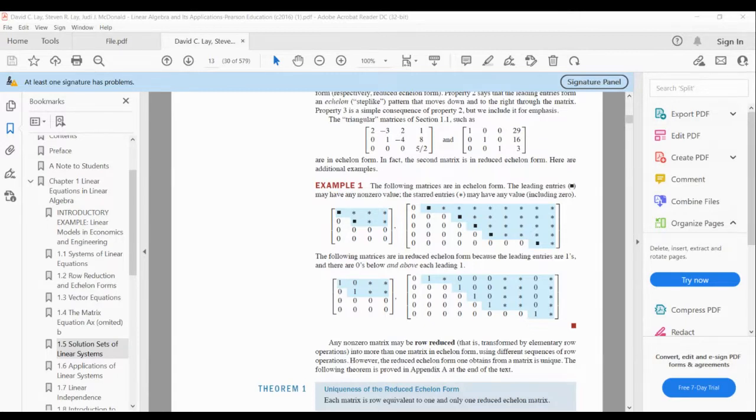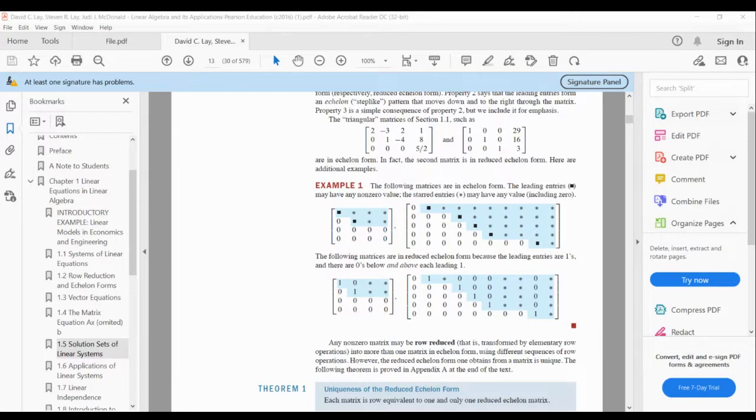Well, you see in example 1, those two matrices, you have a triangle. The way I think of this is you have a triangle of zeros below the leading entries of each column. So like the first matrix there, the first matrix is a 4 by 4 matrix.